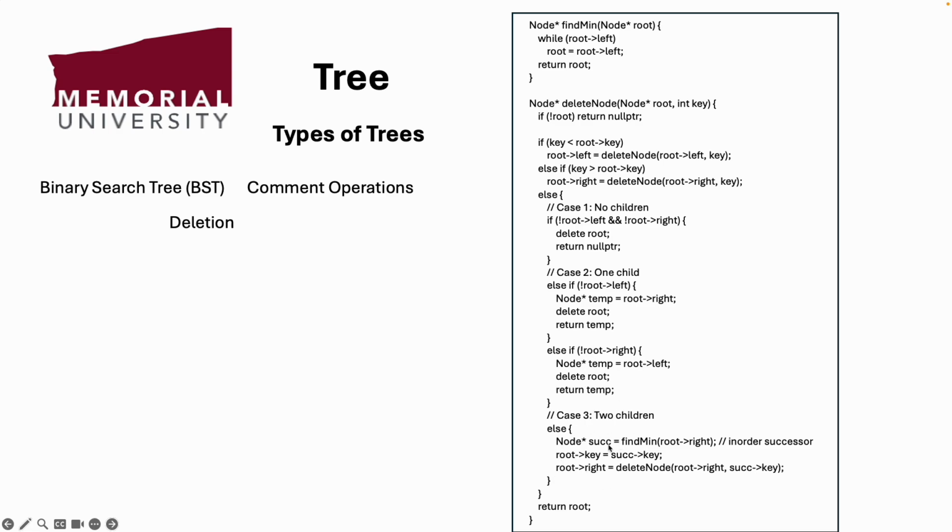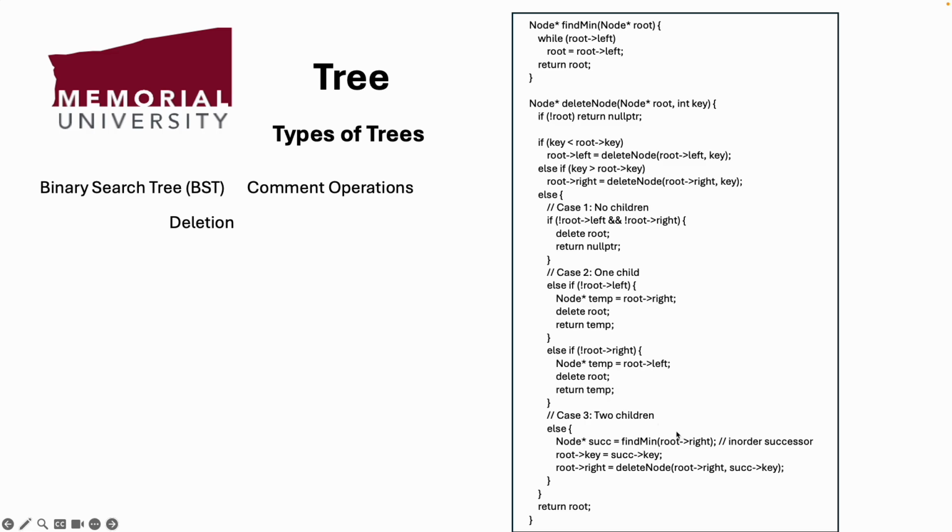This is the case with two children. If you have two children, we process the in-order successor option. For the in-order successor option, we have a helper function to find the minimum of this binary search tree.